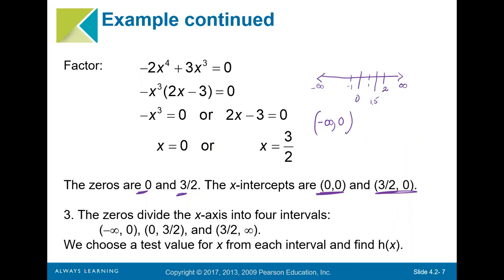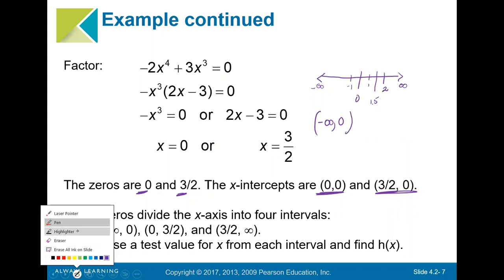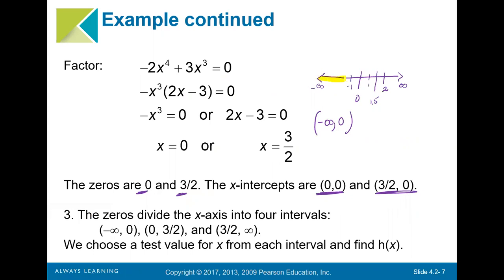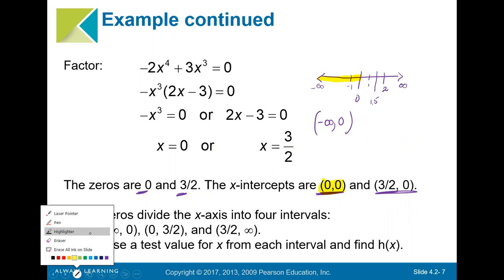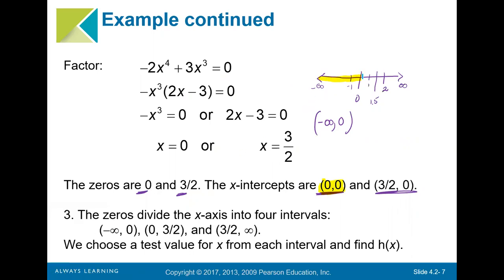So from here to here, we have one value because look, it said that we have an intercept there. And then from 0 to 1/2, well, we have an intercept there as well.